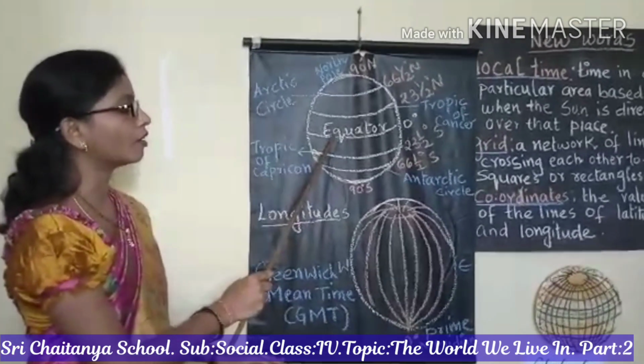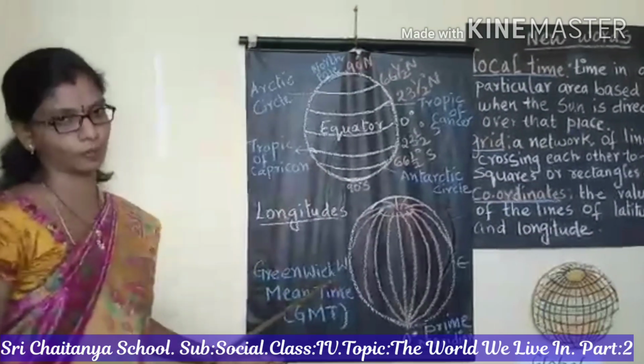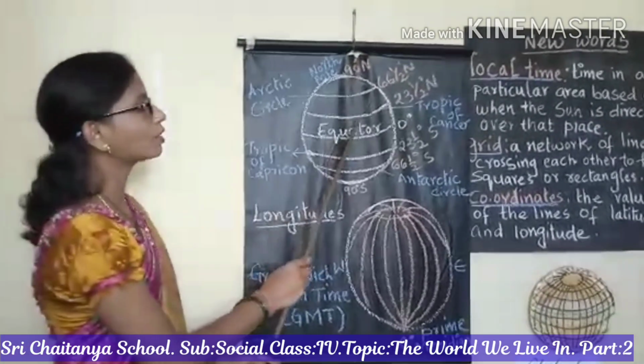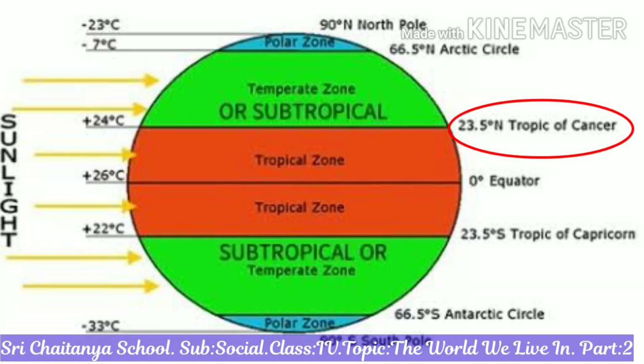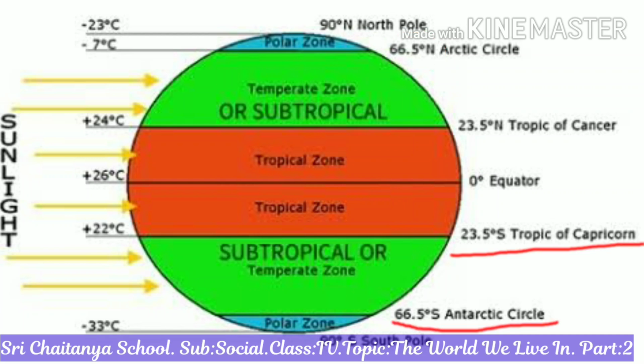Other than the equator and these poles, we have 4 important latitudes, and they are: in the northern hemisphere, we have the Tropic of Cancer. It is at 23.5 degrees north latitude. And we have Arctic Circle, which is at 66.5 degrees north latitude. Coming to the southern hemisphere, we have 2 more important latitudes.